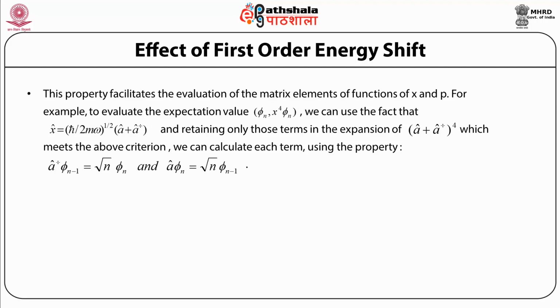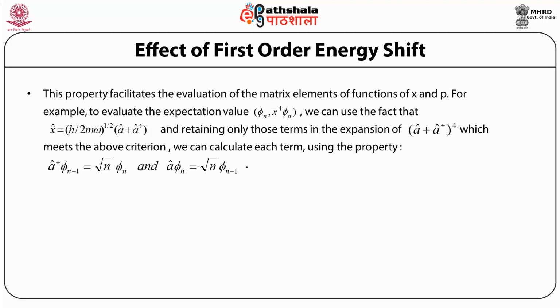For example, to evaluate the expectation value of phi n, x to the power 4, phi n, we can use the fact that the x operator equals (h bar by 2m omega) to the power half into (a plus a dagger), and retaining only those terms in the expansion of (a plus a dagger) to the power 4 which meet the above criterion.